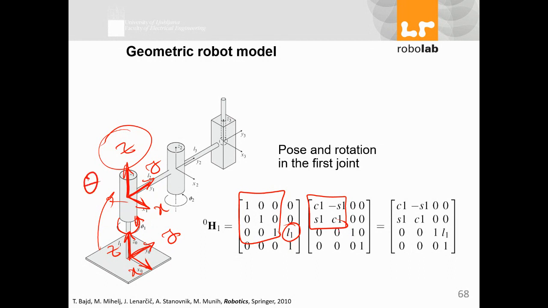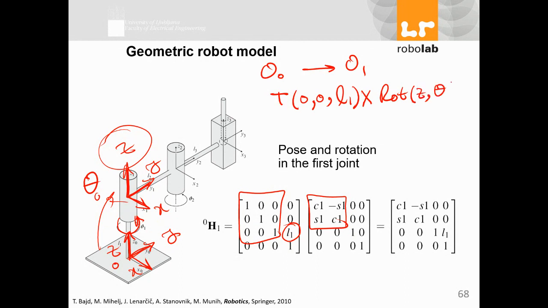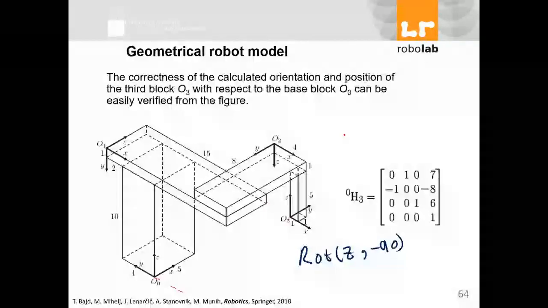So from point 0 to point 1, from O0 to O1, what I have is a translation of 0, 0, L1 times rotation around z by theta. That's the concept of what we said before.